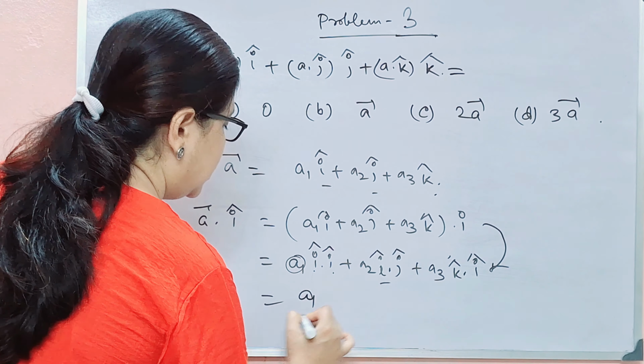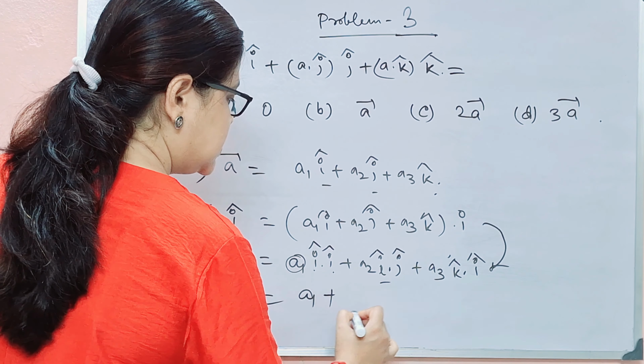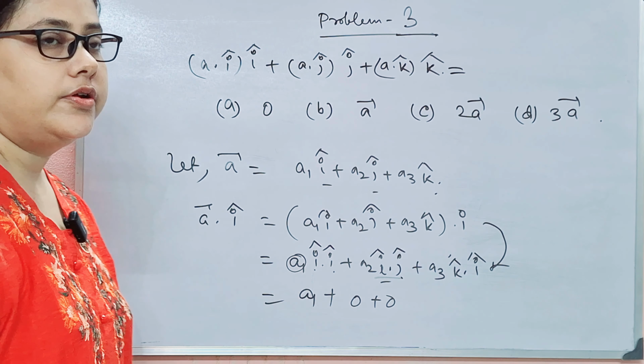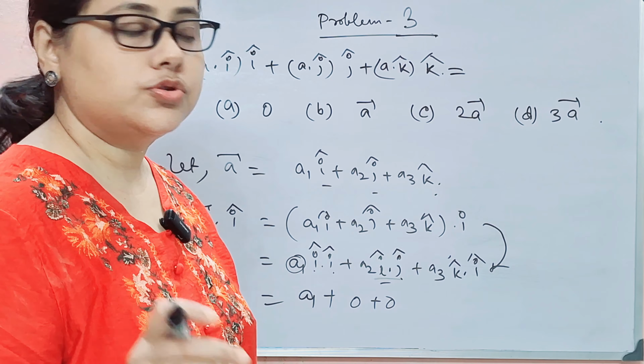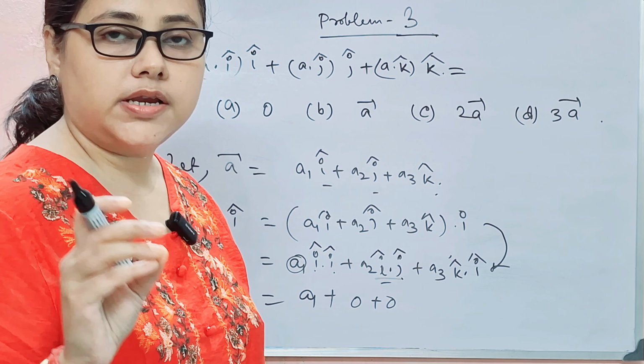So only a1 remains, and the other terms are 0. This is 0 because i dot j equals 0: i and j are perpendicular vectors, the angle between them is 90 degrees, and cos 90 is 0.